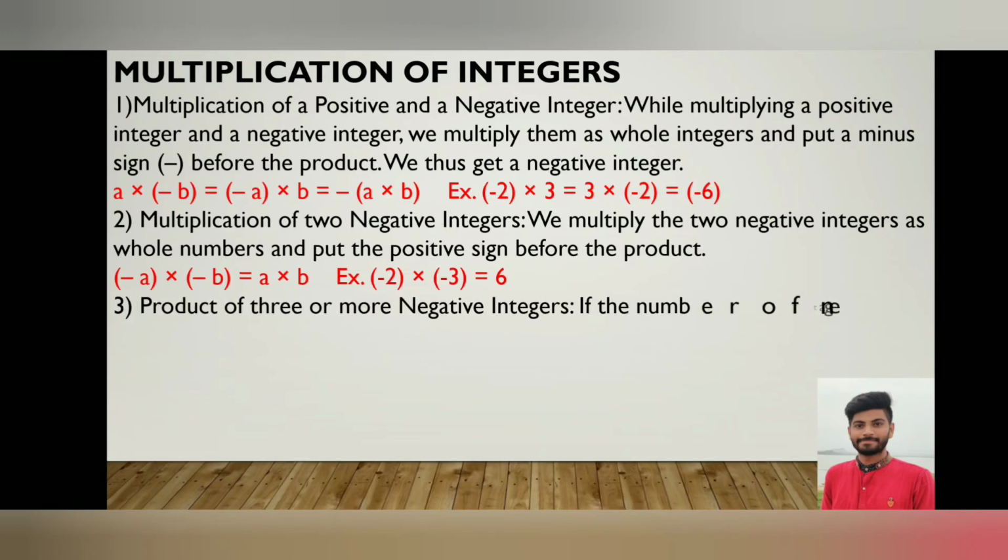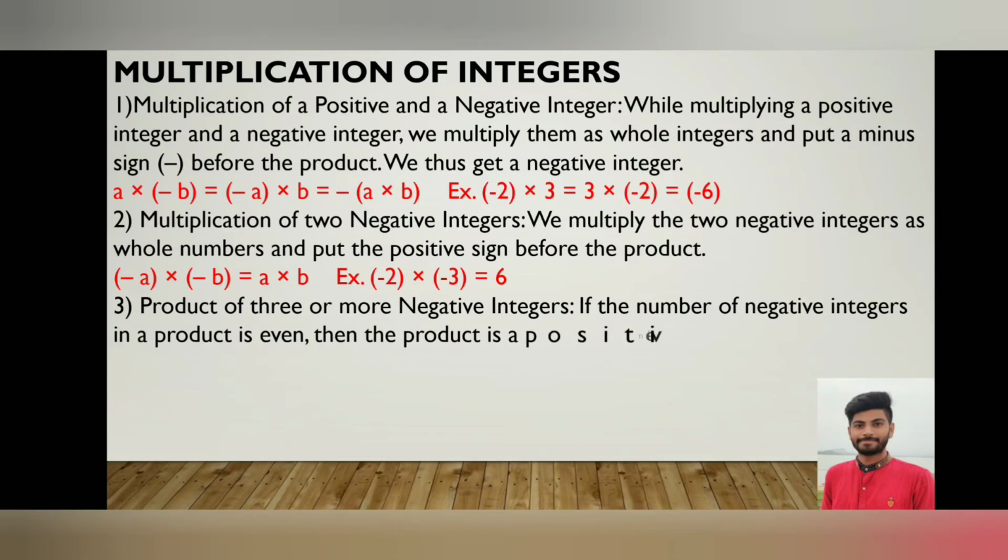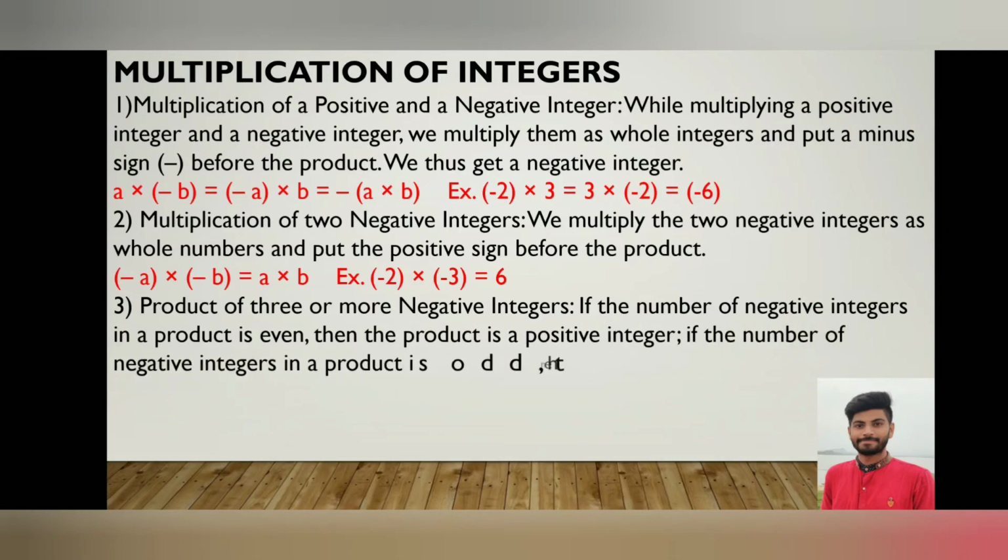Okay, now product of 3 or more negative integers. We have seen the product of two integers. Now let's see the product of 3 or more negative integers. We will count only the negative integers in this method. We have to multiply all the integers, but how to put the sign? For sign, we will count the negative integers. How many negative integers are there? If the number of negative integers in a product is even, then the product is a positive integer.